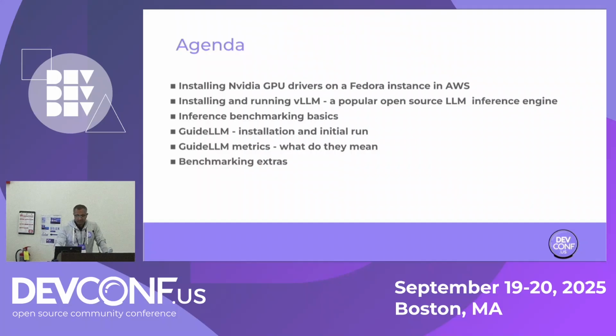Then Sam is going to dive a little bit deeper into inference benchmarking basics and the tool GuideLLM that we use for benchmarking purposes. It'll go through some of the metrics that you see as part of running a benchmark, and what they mean. And some extra bonus slides if we have time after that.